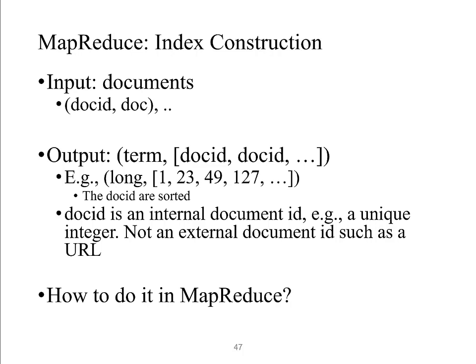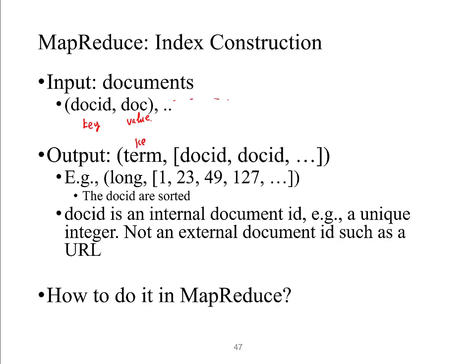They form key value pairs, if we like. The key is the document ID and the value is the document content. You definitely have a lot of such key value pairs. Now the output of MapReduce would be the inverted index.